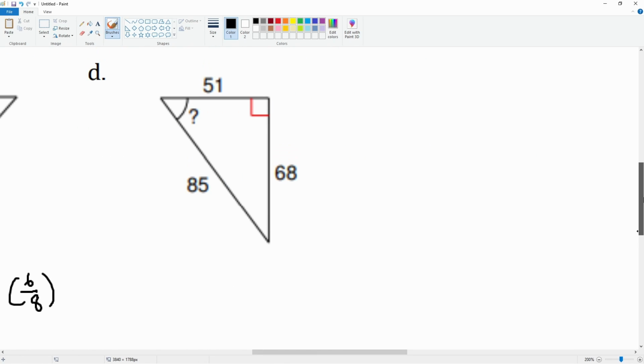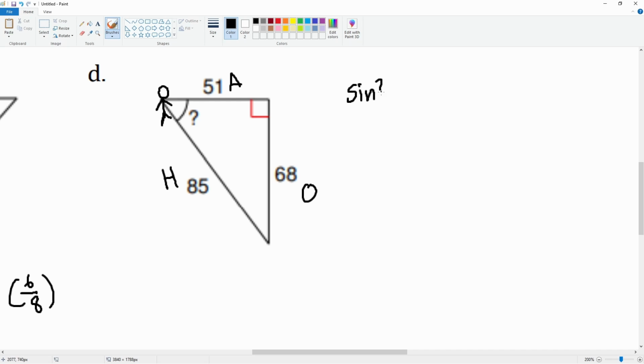Let's do D here. We put our person here, and we have the hypotenuse here, the adjacent here, and the opposite here. All right, we can pick any two we want. So let me do the sine one. Sine of this question mark is equal to the opposite over the hypotenuse, which is 68 over 85.